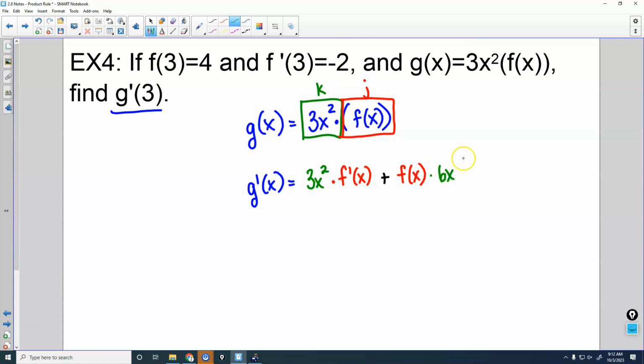6x. Okay, so to make sure we know where everything's coming from there, this part was just K. I just wrote it. This part over here was my K prime. This part right here was my J. I guess I could have called that one f since it is f. And that was my J prime.